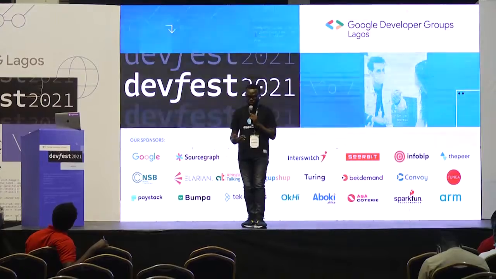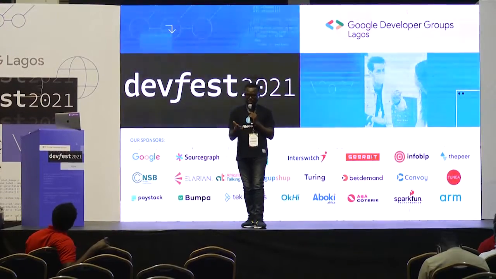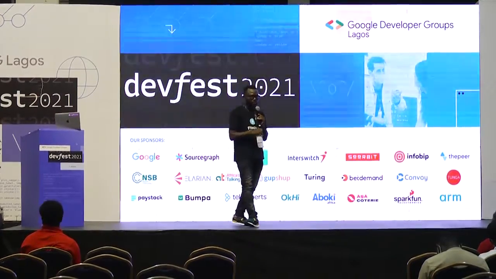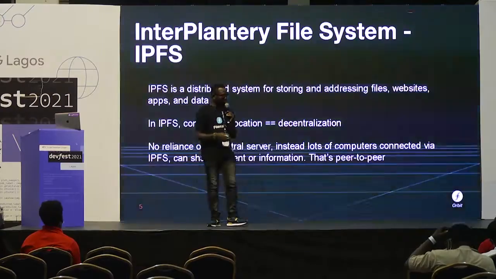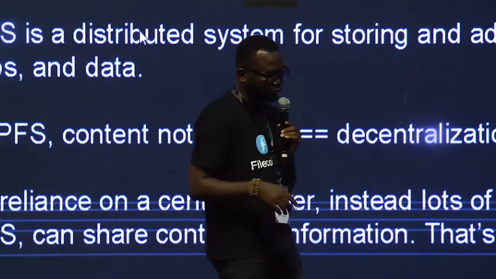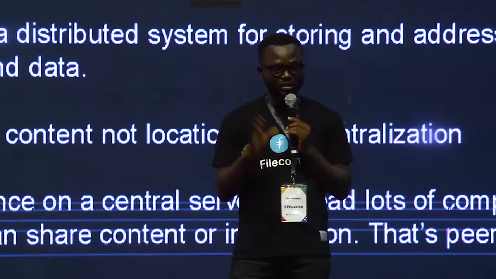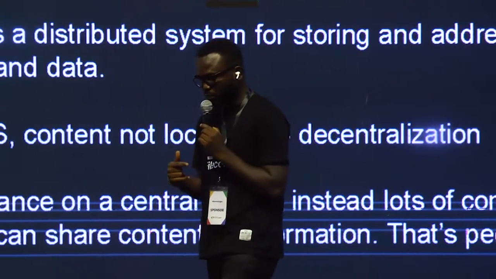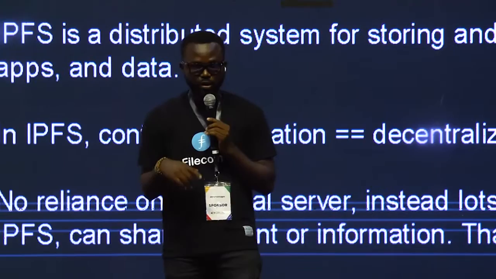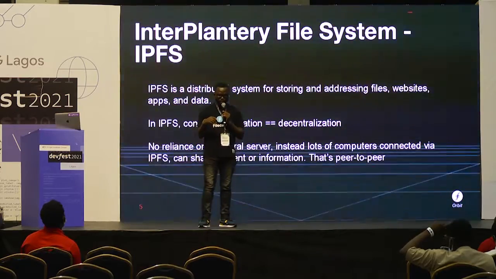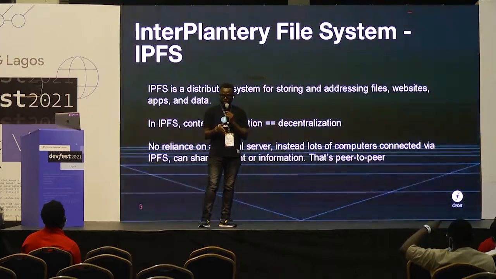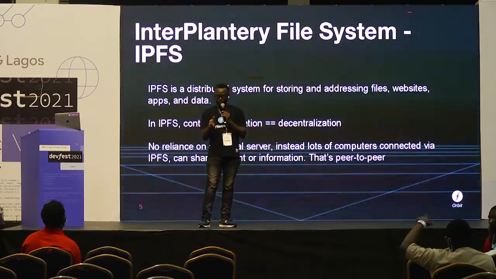So let me now move into IPFS as a protocol for the decentralized web, for Web 3. IPFS is actually a protocol for the decentralized web, and it is likened to HTTP, but this time a protocol for Web 3.